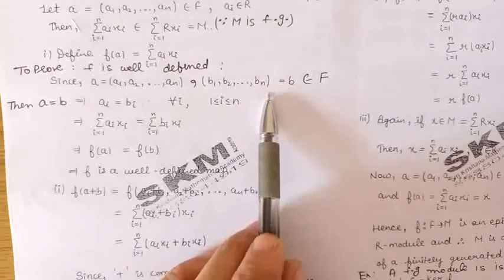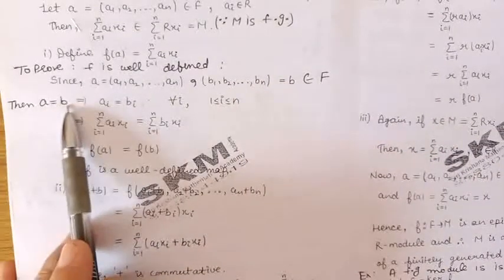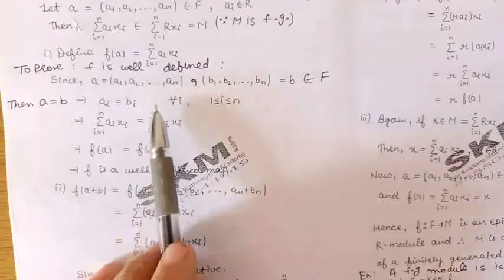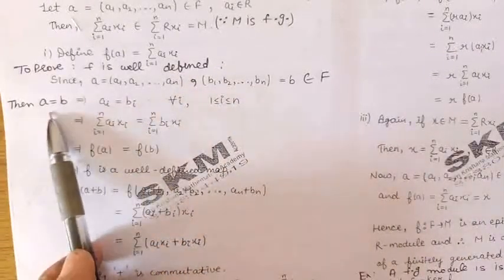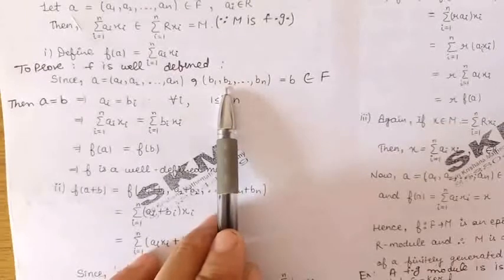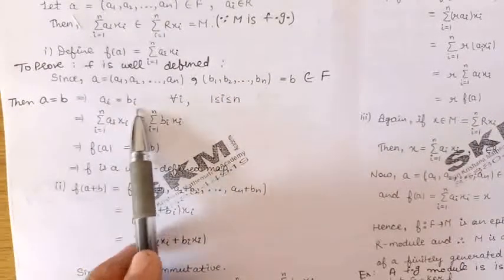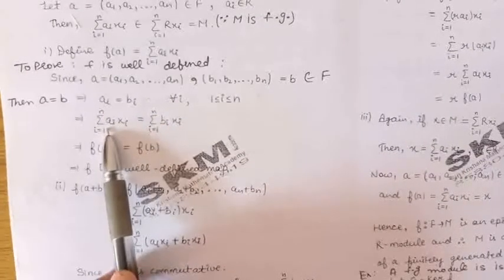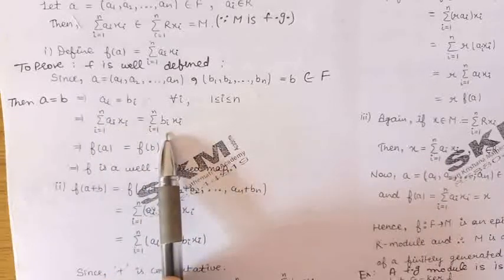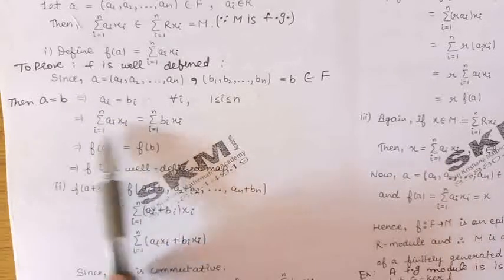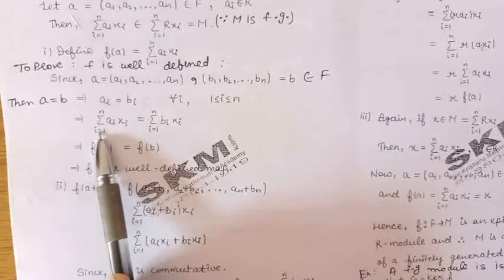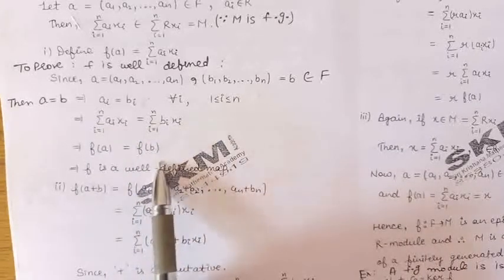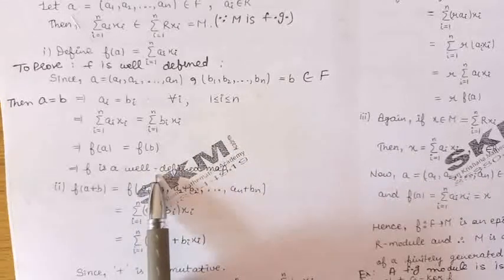Now let us take these two elements a and b to be equal. By definition of equality, each coordinate will be the same. So each ai will be the same as bi, and therefore summation ai xi will be the same as summation bi xi. And by definition, this is f of a and this is f of b. So we have proved the mapping f is well defined.